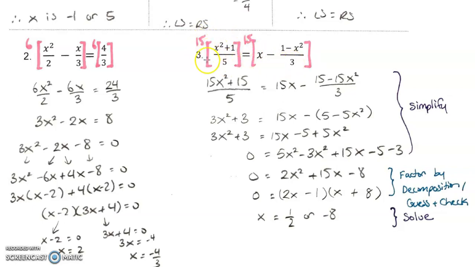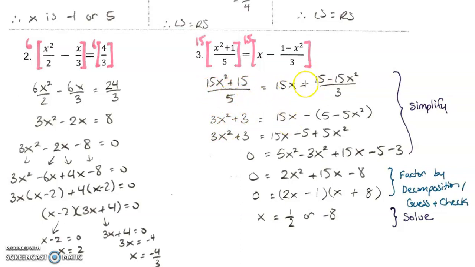The 15 will multiply just the numerator, so 15x squared, and then 15 times the 1, you're going to get 15, all over 5. 15 times x, which is right here, subtract 15 times everything in the numerator here, so 15 minus 15x squared, all over 3. So you're still going to have your fractions. That means take the entire numerator and divide by 5. So you're going to get 3x squared plus 3. And that's done. The 5 disappears.